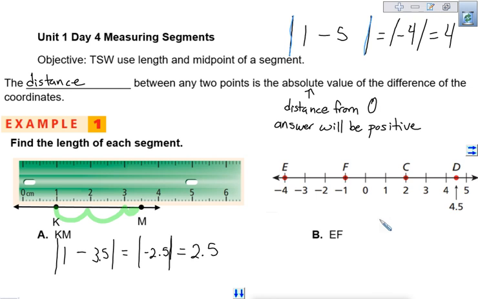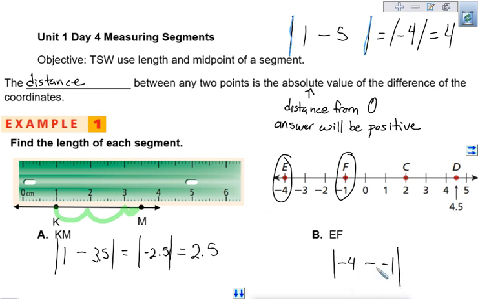On our next one, we are looking at the length of EF. E is at negative 4, F is at negative 1. So we're taking negative 4 minus a negative 1, and we're taking the absolute value of that.